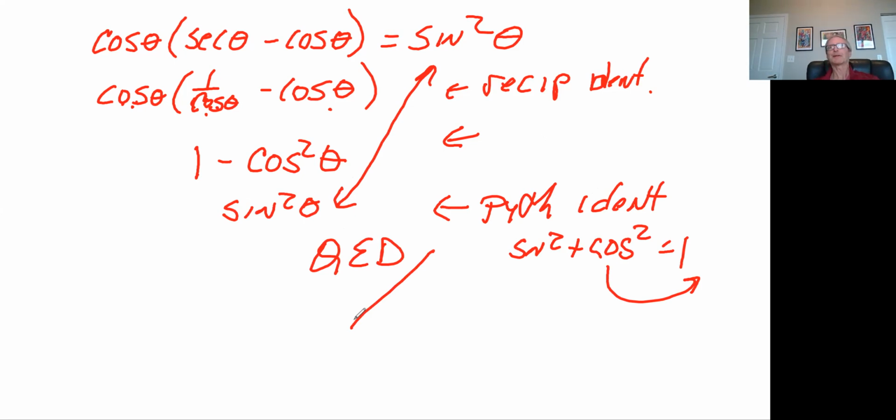QED is a Latin term meaning you finished and now you're ready to move on. I remember my old trig teacher always used that, so I kind of bring it along with me. You could try to go the other way, but I think it's a little more complicated when you do it that way.